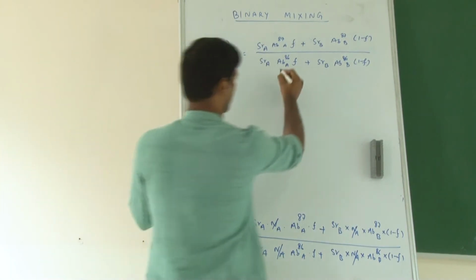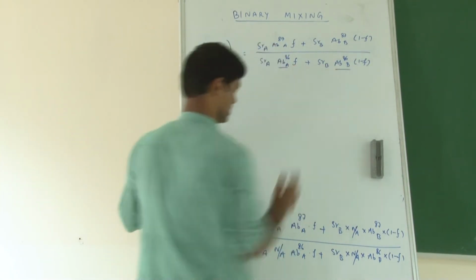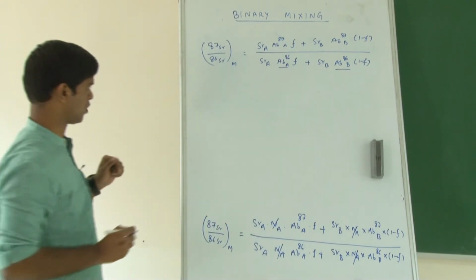So, abundance of 86 A and abundance of 86 B will be pretty much equal.